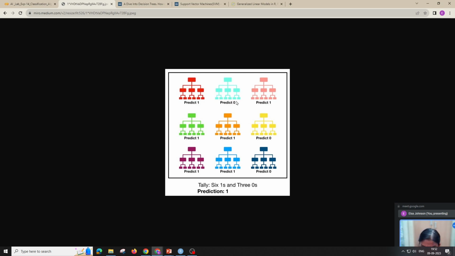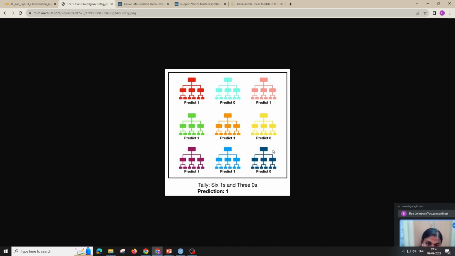Then with different other sets of values, different other conditions, we are forming different other sets of trees. This number of trees is given by the number of estimators. In this particular case there are 9. Like that, different numbers of estimators or individual trees will be formed.